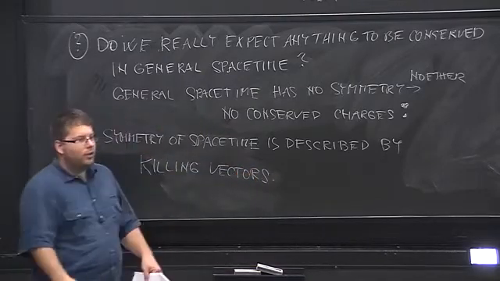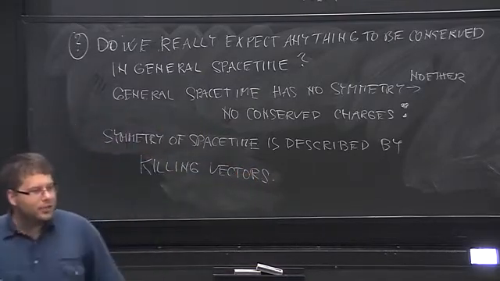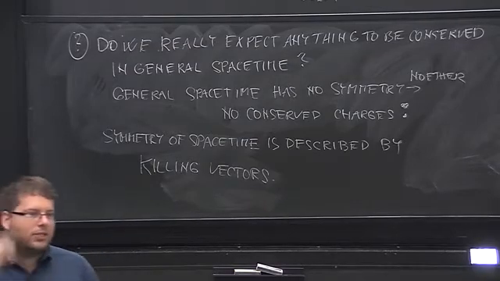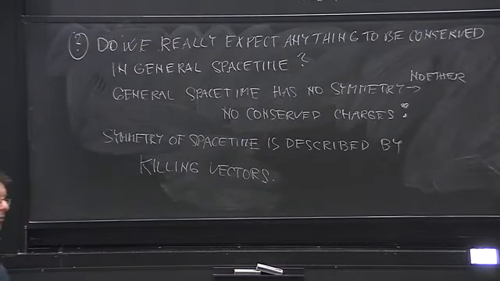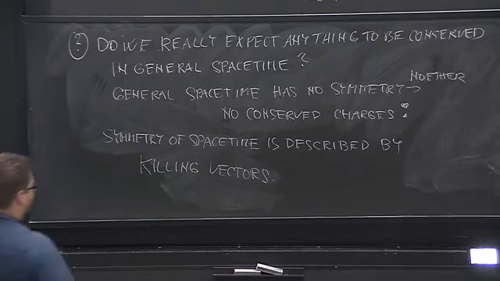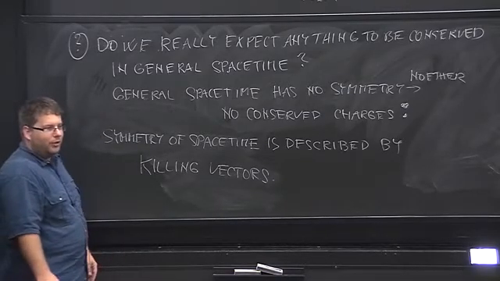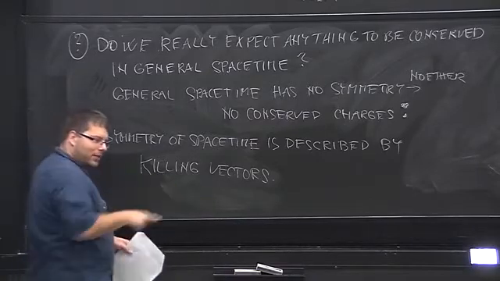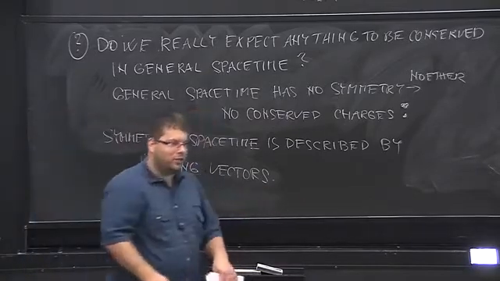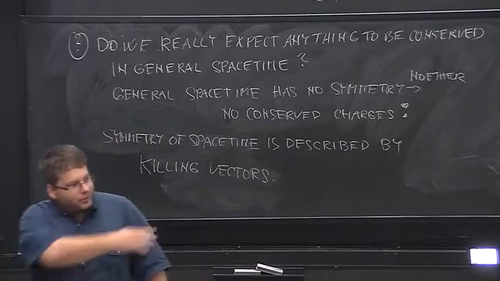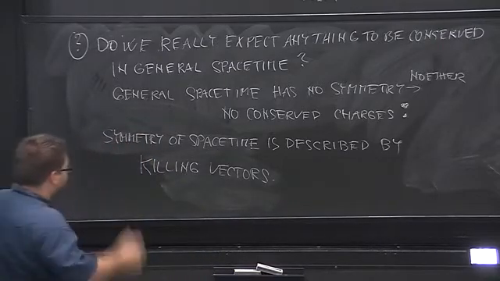For example, I have the time-like Killing vector d_t. That tells me my space-time is static and doesn't depend on the time coordinate. And of course, if I have such a Killing vector, I would expect the energy to be conserved. Similarly, if you have a space-like Killing vector which corresponds to a translation, I expect that the momentum in that direction will be conserved.